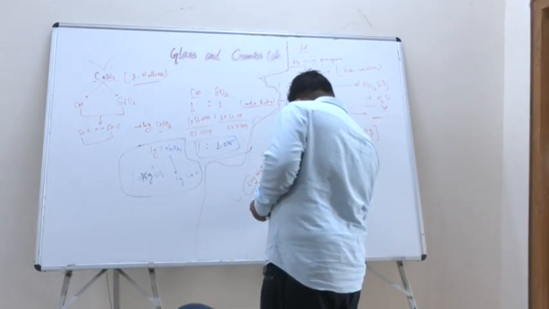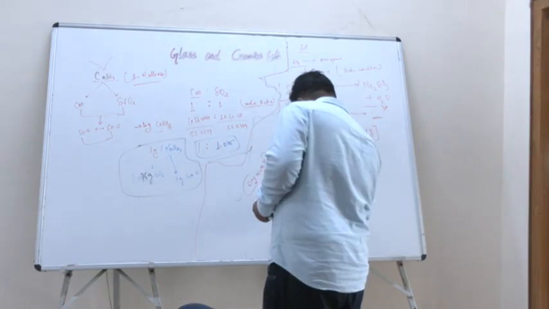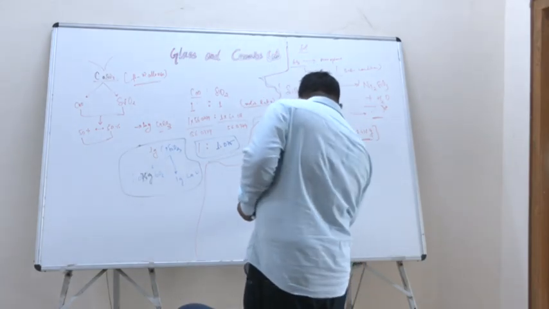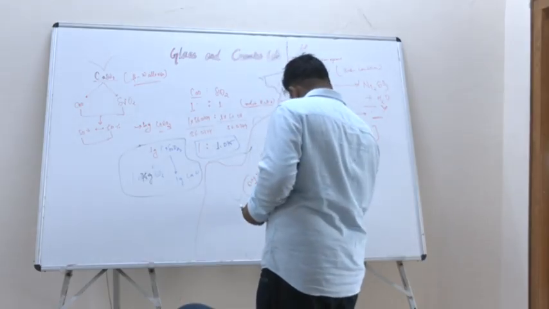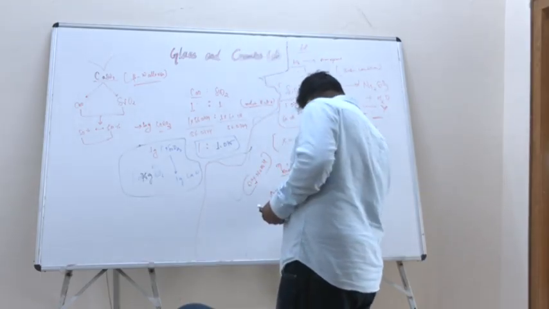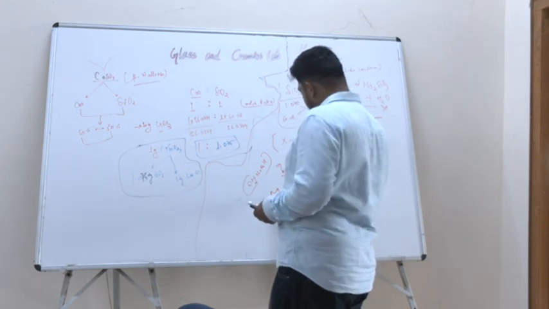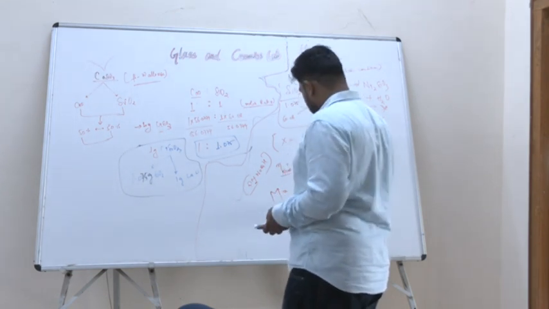Now moles divided by volume, which is given in liters. This volume is generally the volume of the solution we use. We know the moles and the molarity, so we can calculate the volume of the solution.